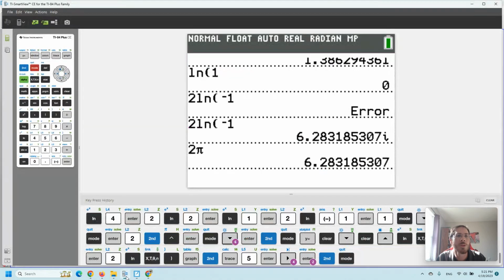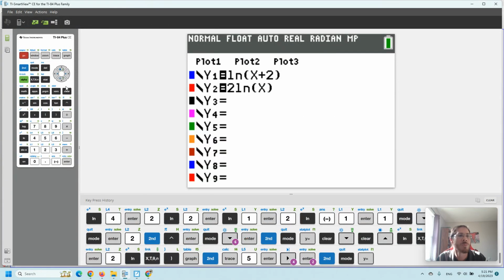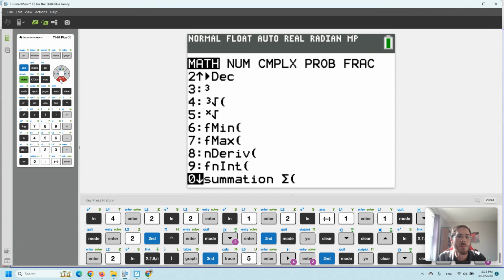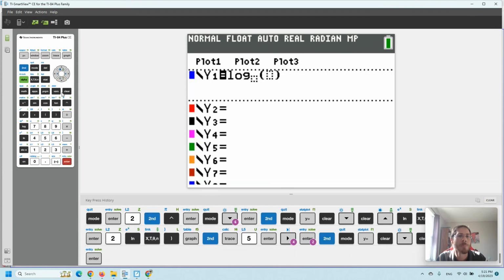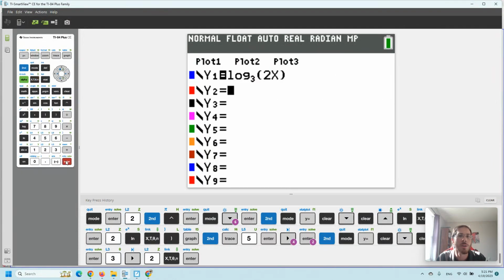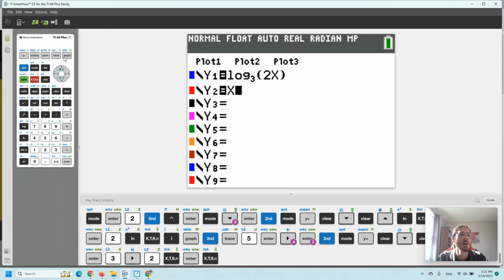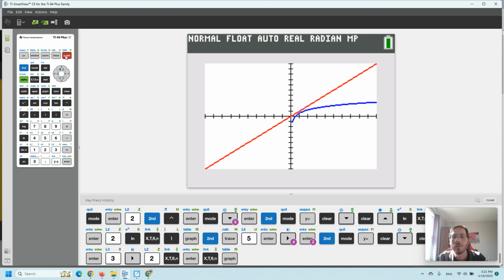So log base 3 of 2x, and in the other one, we want to make this equal to just x. Okay, that's nice. All right, so we can graph it.